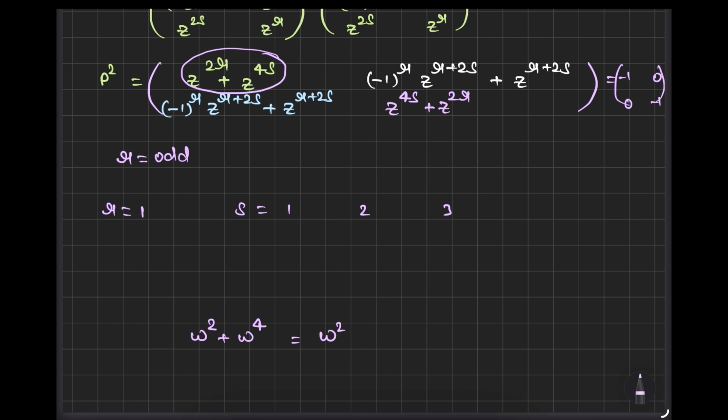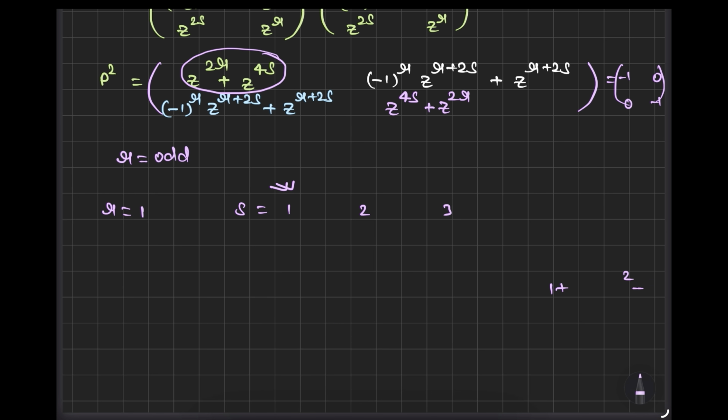So can I write omega square plus omega? You also know that 1 plus omega plus omega square is 0. And this thing has to be, look at this. So can I say that omega square plus omega will be equal to minus 1? So this means s equals to 1 is true. Correct?